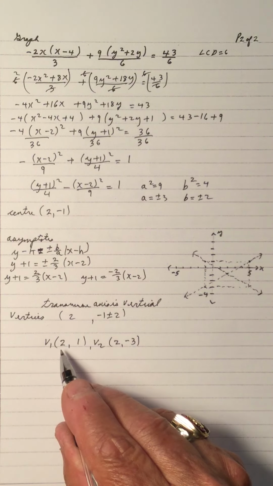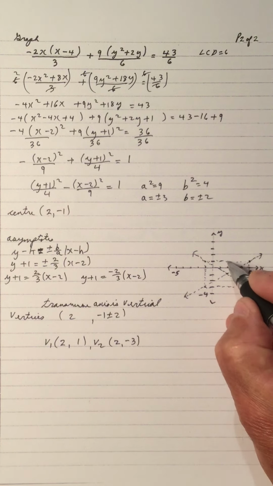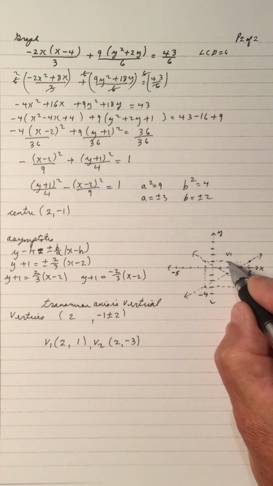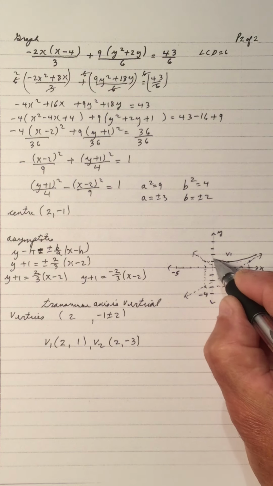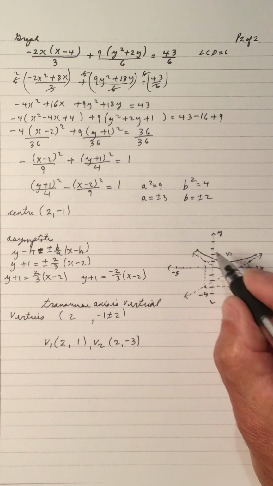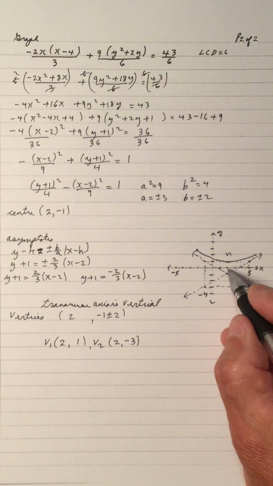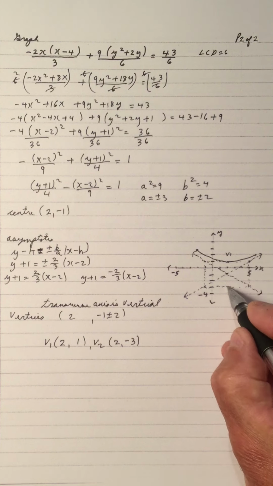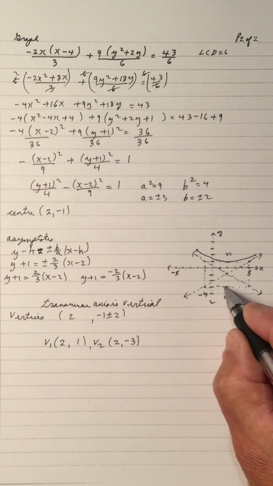Again, the vertices: x is 2, y is 1. One vertex is right there, V1. So that means it's vertical, so it goes out like that. And the other vertex is 2, negative 3. X is 2, negative 3 is here. So this is V2.